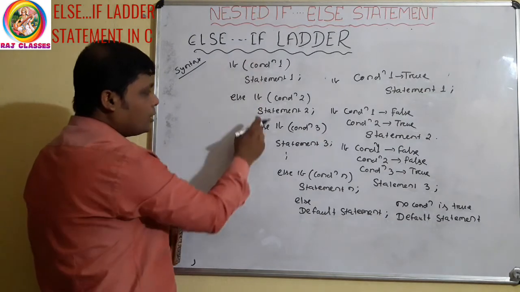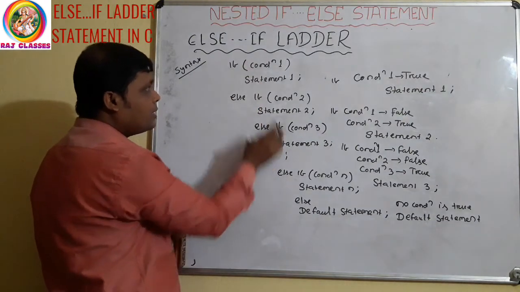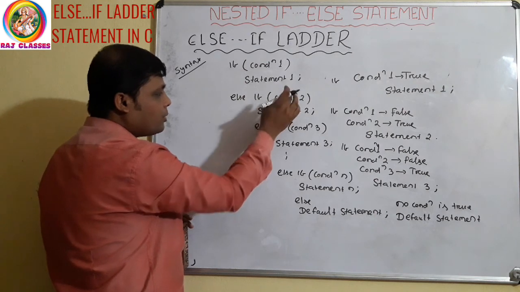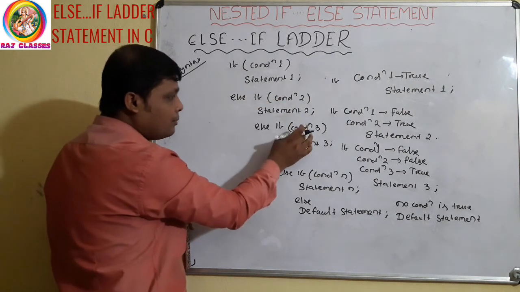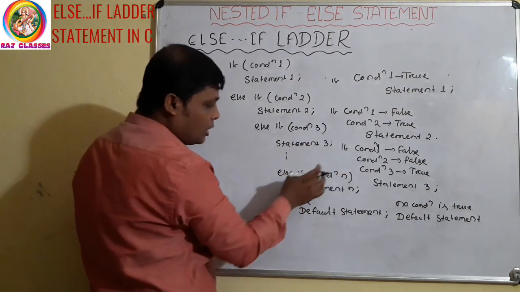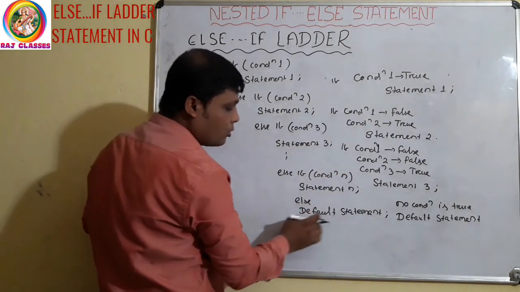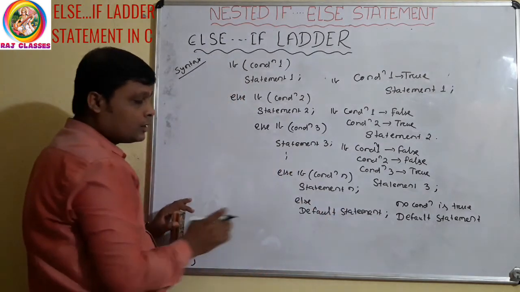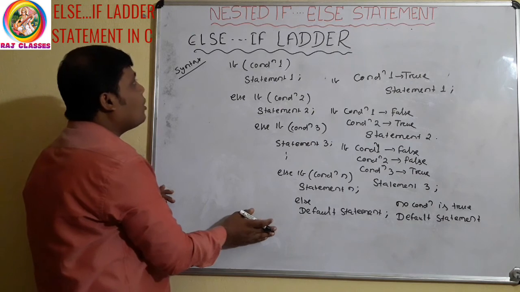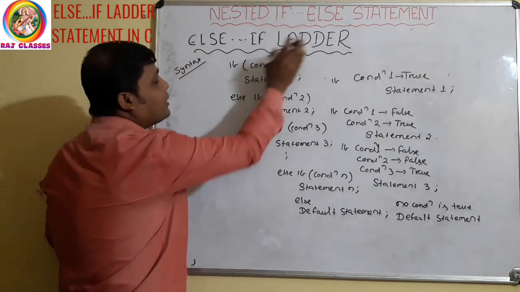If no condition is true, that means this condition is false, so it will go to this part. If this condition is false, it will go to the next part similarly. If this condition is again false, it will go to the last else and print the default statement. All of you understood? This is all about the else if ladder.